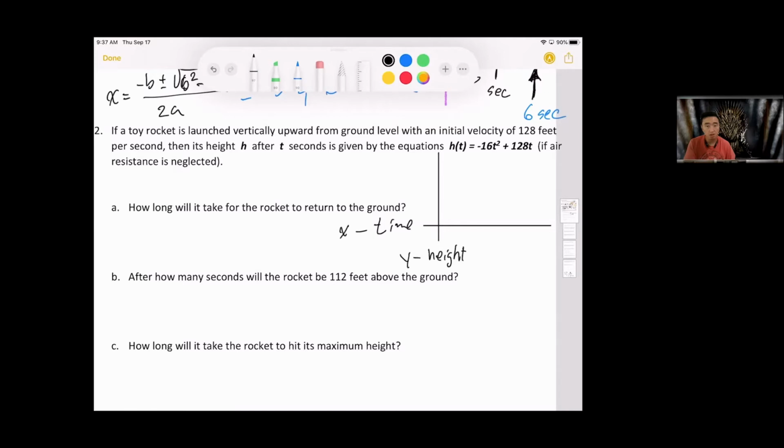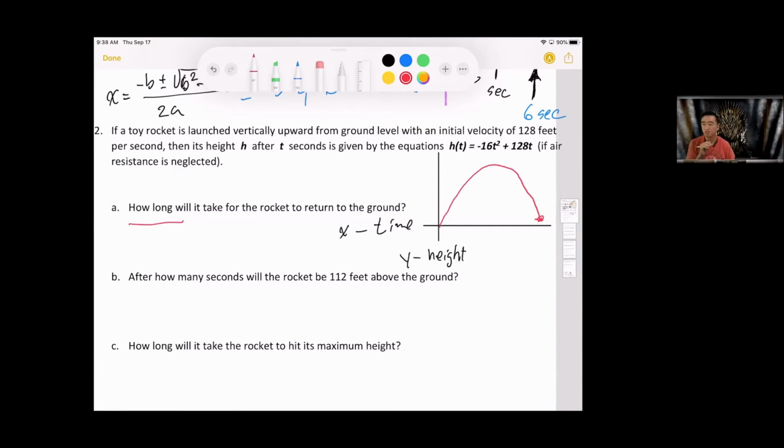Okay. That means that rocket's going about 60 miles an hour. Oh, okay. You did the calculation. So the rocket goes like this, right? Something like that. And again, it's saying, how long would it take to return to the ground?